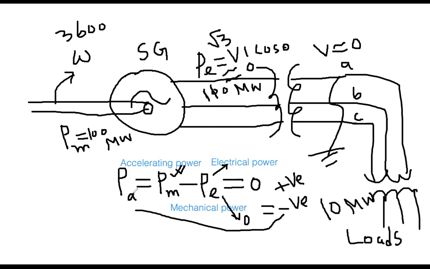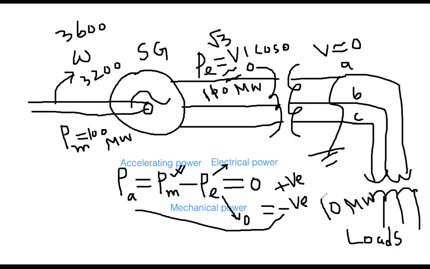I mean, I said that is the accelerating power, but instead of acceleration, it will cause deceleration because it is negative value. So what does that mean? That shaft will start rotating much lower speed than rated. For example, 3600 is the rated normal, maybe 3200 or even it could be much lower, depending on how much load has been added, how much negative it is.